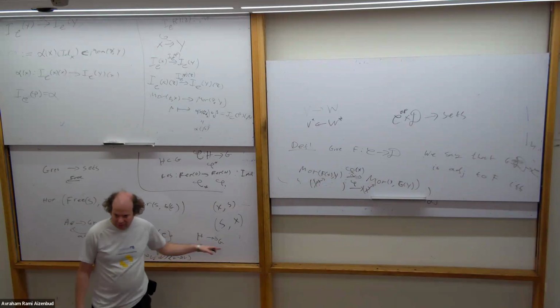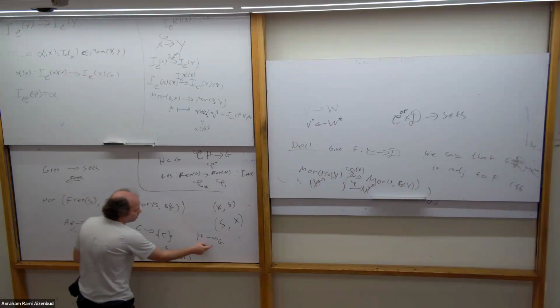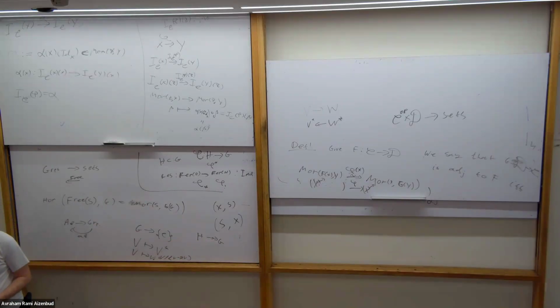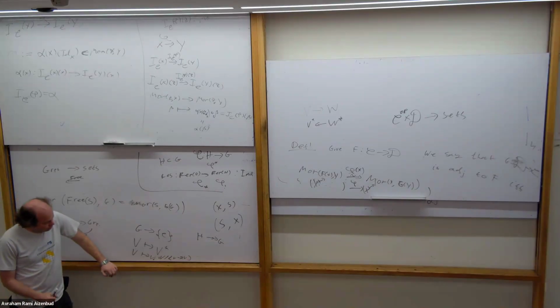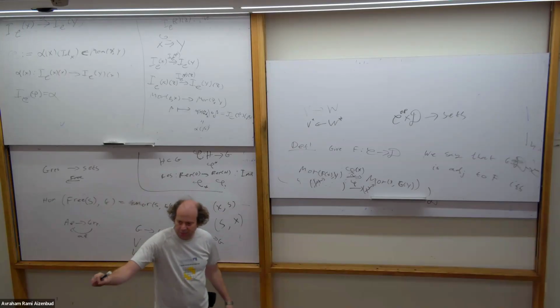So these are the invariant and coinvariant functors. You can consider them as functors, and they are adjoint to the pullback. And if you have a general map, you can always write it as an onto map and then an embedding.